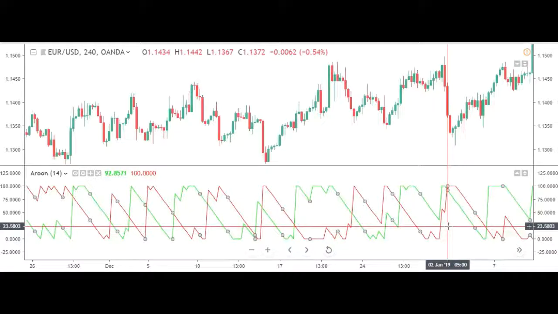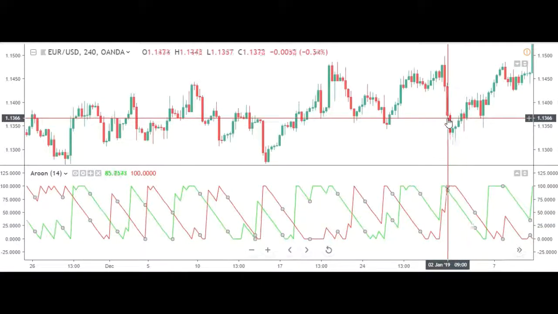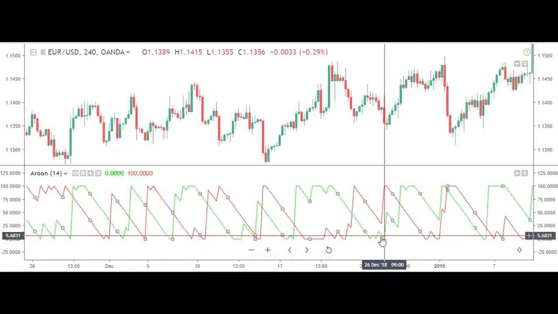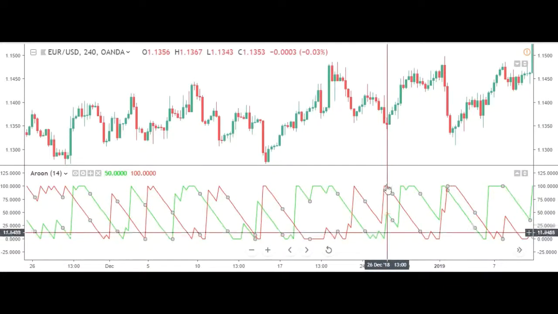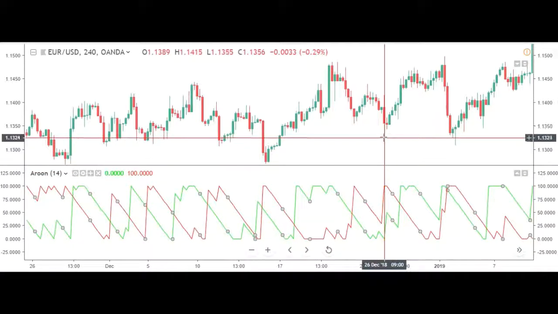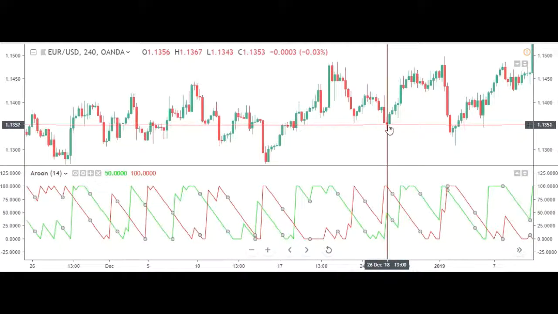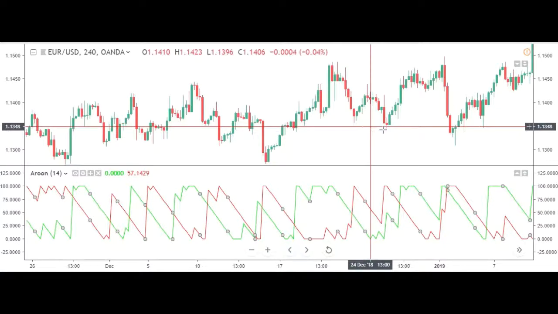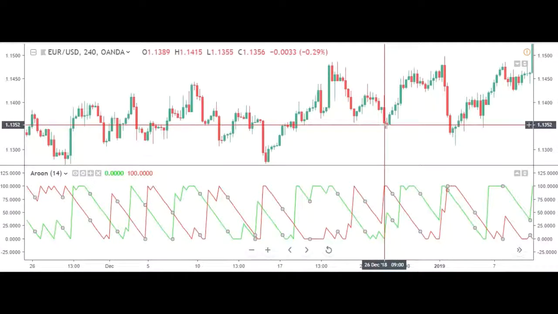So in the past 2 days, we've already gone from right here all the way down there. This is 100% the lowest point, 100% the highest point. And how quickly that cross happened. See, that cross happened right here. So if you were trading with the Aroon crosses, you could have scored a couple pips. Not too many, but you could have scored a couple.